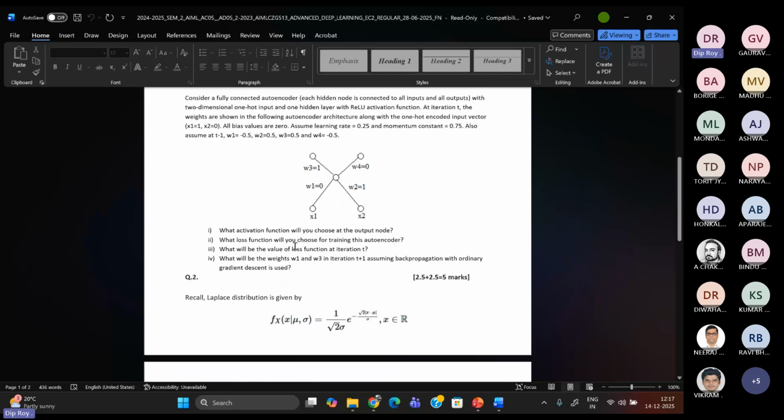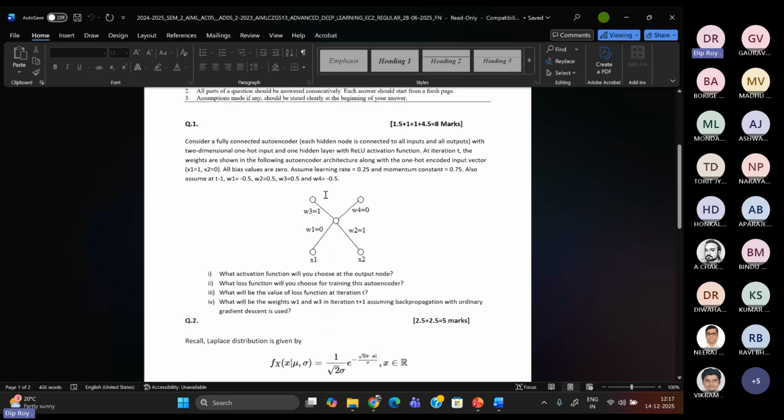So what activation function will you choose at the output? You have an autoencoder. Each hidden node is connected to all inputs and all outputs, with two-dimensional one hot input and one hidden layer.